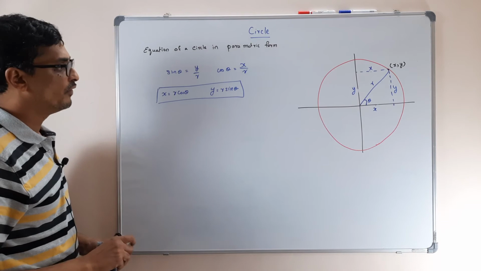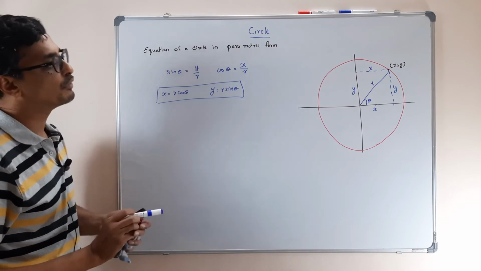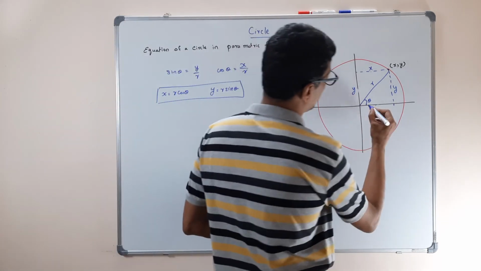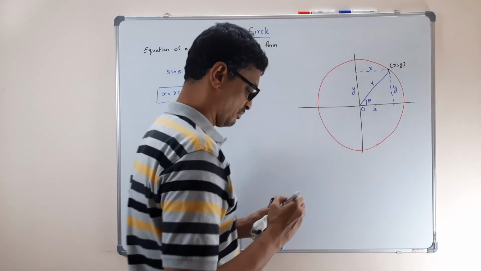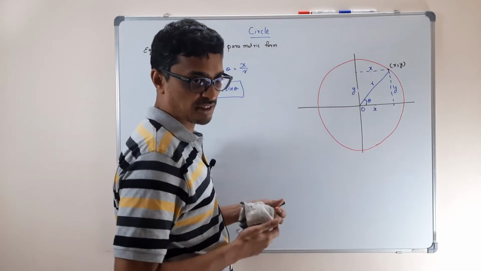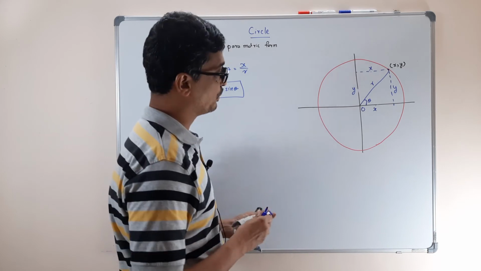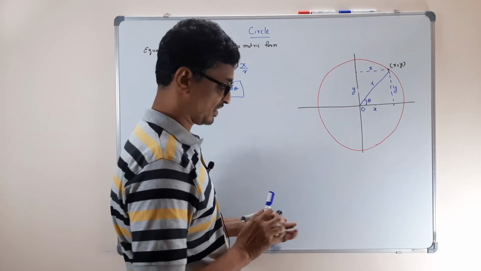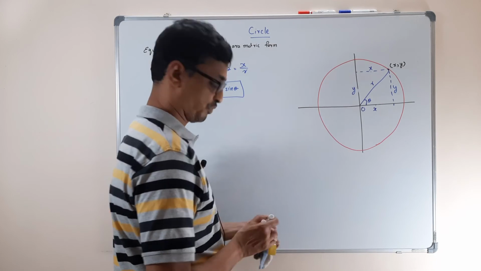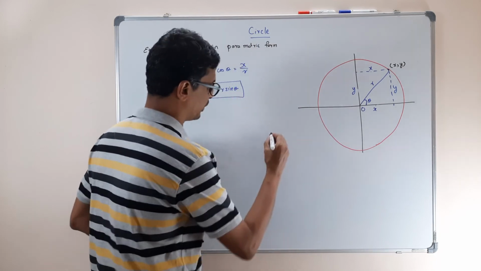Okay, one thing is I have given this origin, but not necessarily will my circle always be at the origin. So then what happens? How will you write this equation? Let me draw it out.